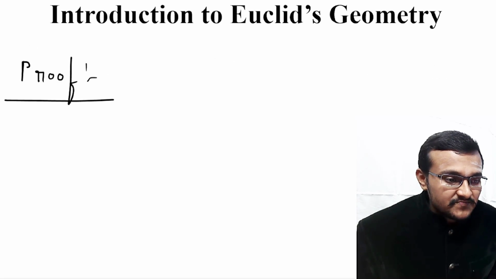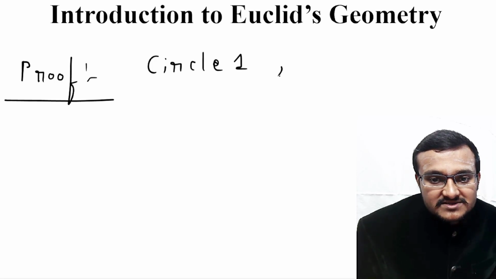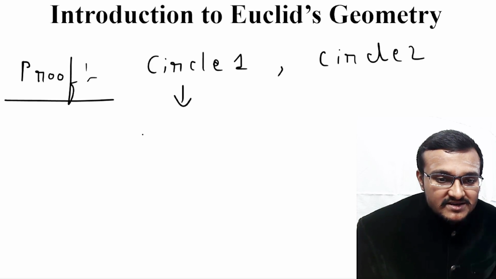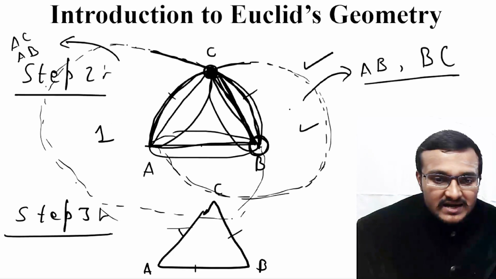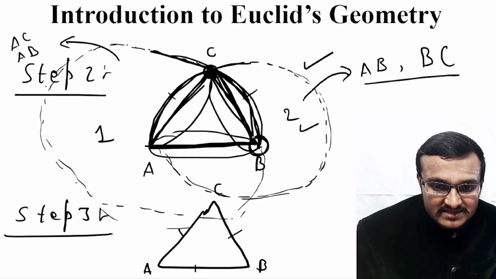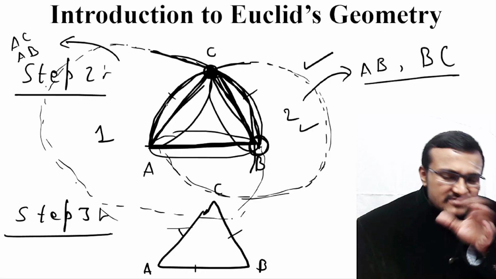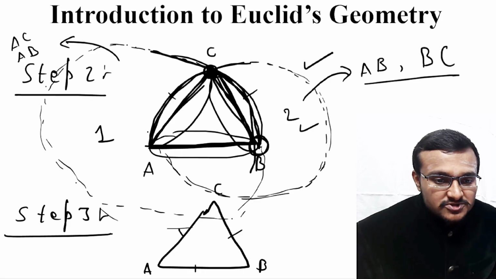So here we'll call them circle 1 and circle 2. In circle 1, A is the center. So this will be the radius of this circle and this will be the radius of the circle. This has become more complicated, but you can refer to the textbook image also.